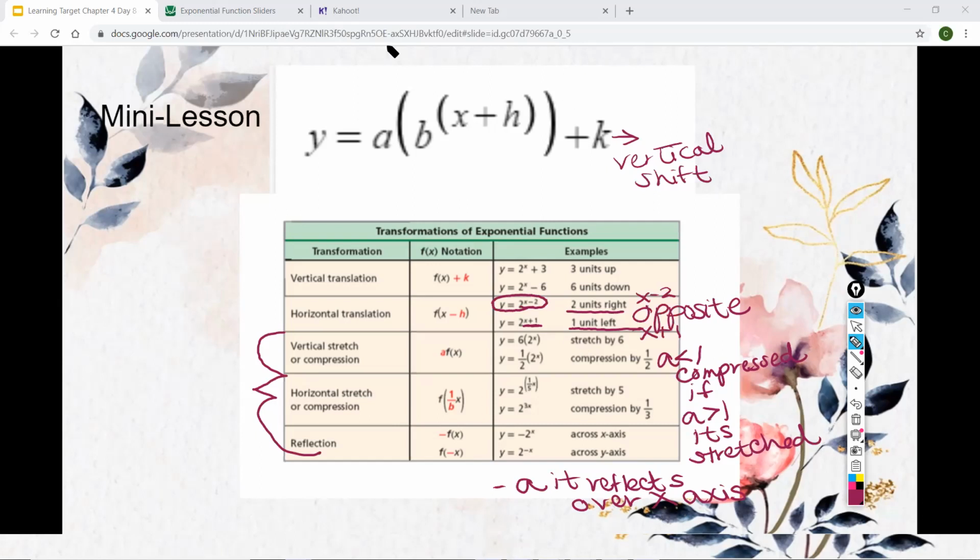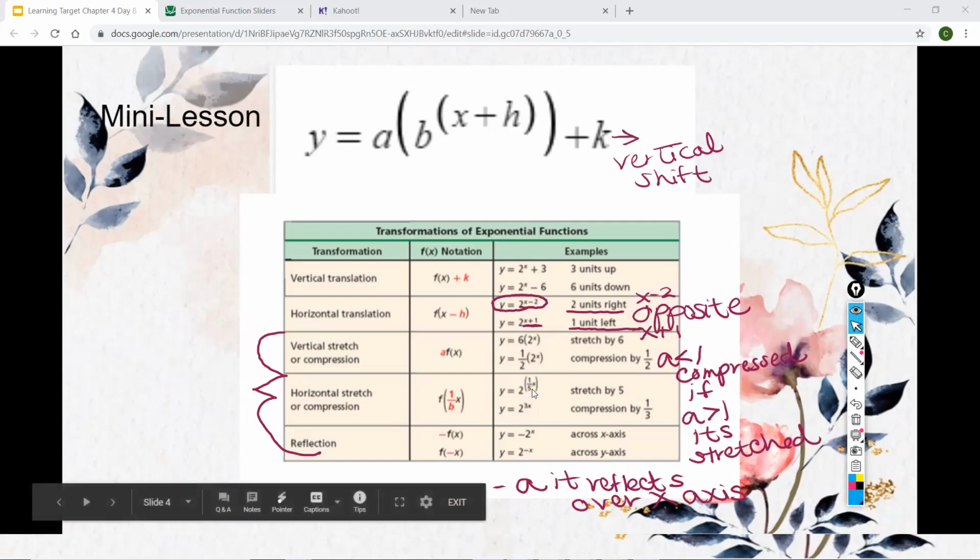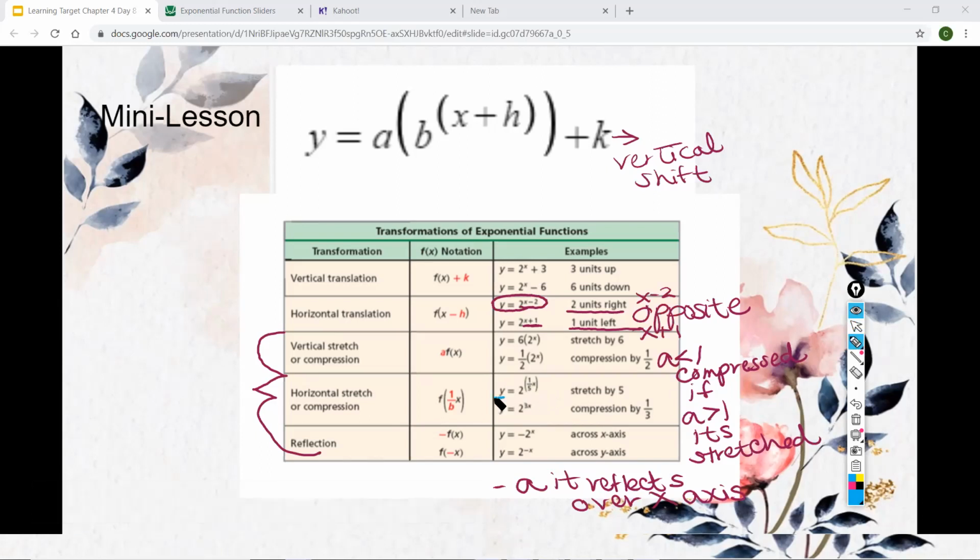So these are a little bit weird. The horizontal stretch or horizontal compressions are weird. I'm just going to tell you that up front. They're really weird. Look at this example right here. Look at your exponent. Are you adding or subtracting anything? What are you doing? You're multiplying by something, right?